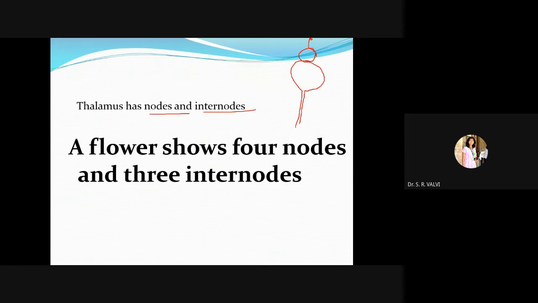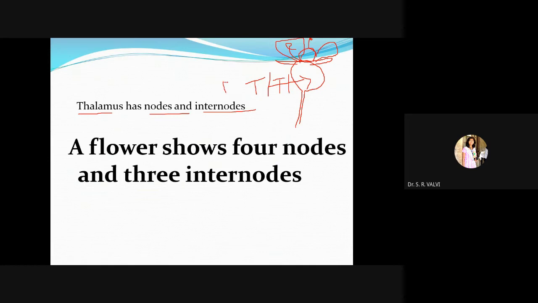Here now you will have the calyx, then this is the corolla part, then these are the stamens, right? So this portion is nothing but the thalamus portion. Thalamus is also called torus, it is also called receptacle.